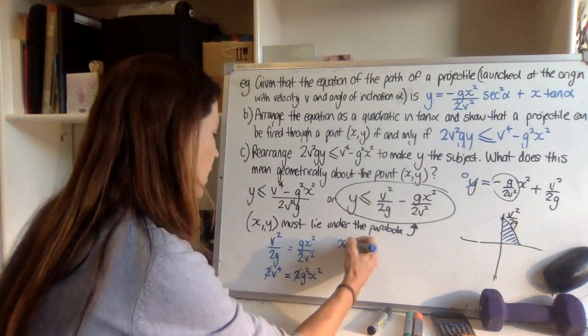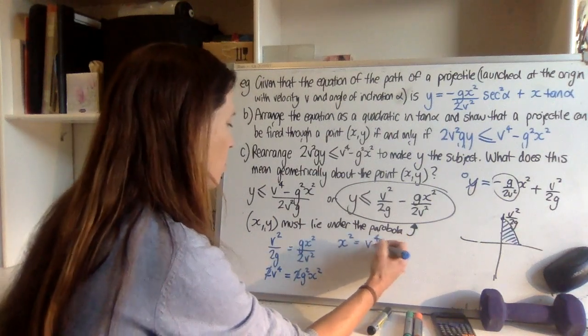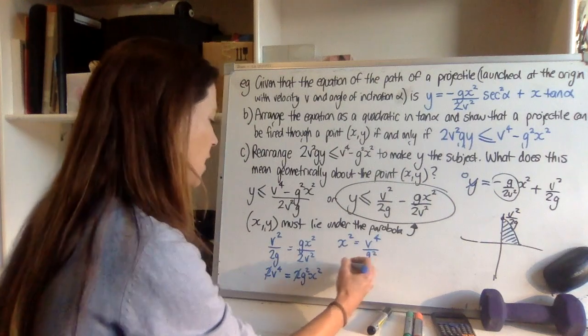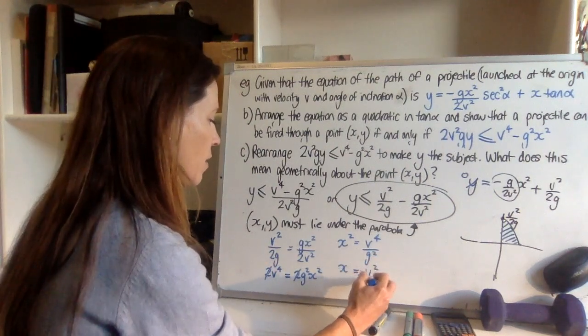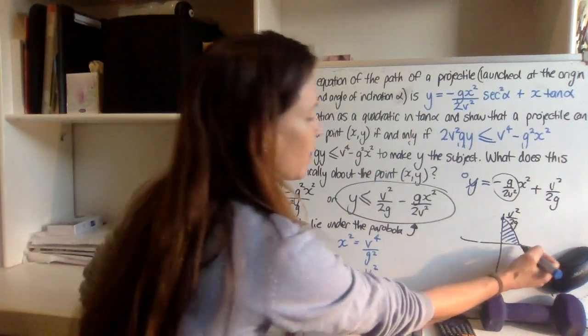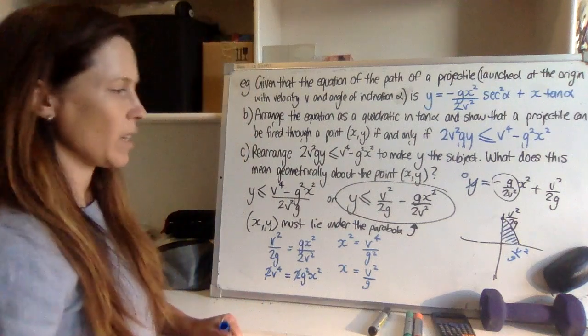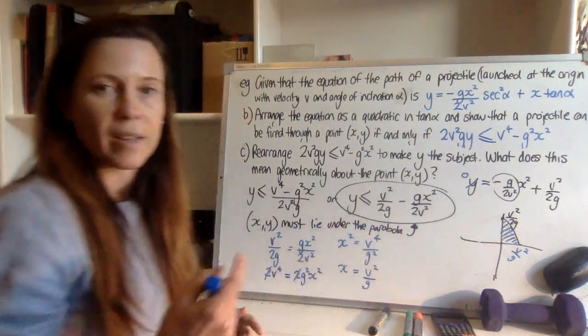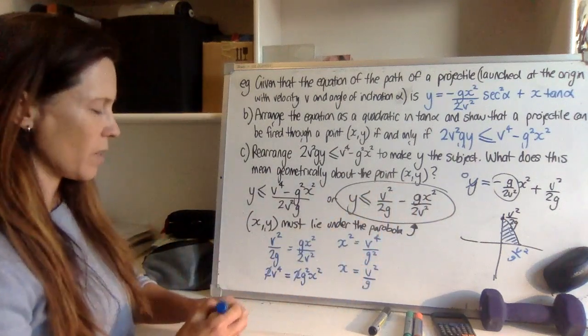So that means that x squared is equal to v to the power of 4 over g squared. So x is going to be the square root of that, which is v squared over g. So we've found this point out here, v squared over g, and now we've found some parameters for where the point xy must sit relative to this parabola.